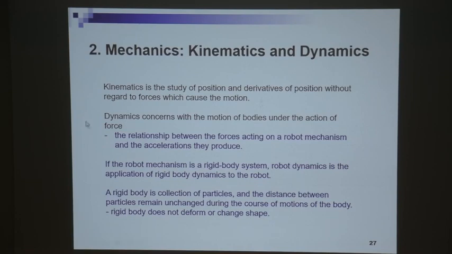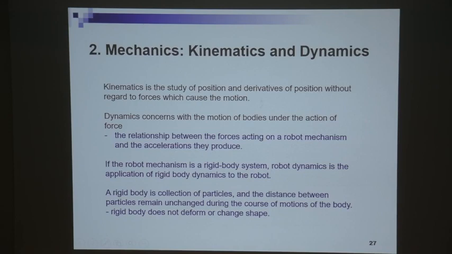If the robot manipulator is a rigid body system, the robot dynamics is an application of rigid body dynamics to the body. So there's another term here, rigid body systems. What is a rigid body system? A rigid body is essentially a collection of particles, and the distance between the particles remains unchanged during the course of motion of the body.